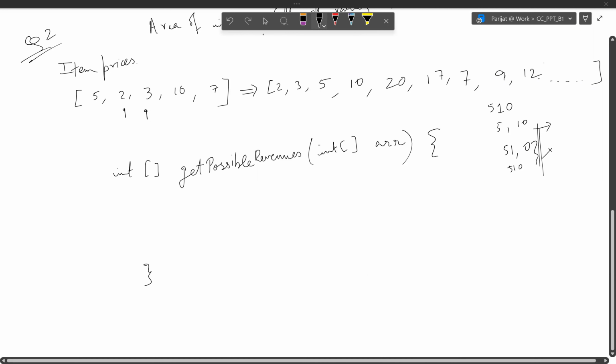What can be the possible time complexity? Okay, so Dhruti has an answer, n square. So anyone wants to contest that, or why will it be n square, Dhruti?